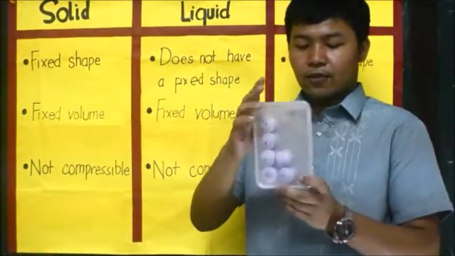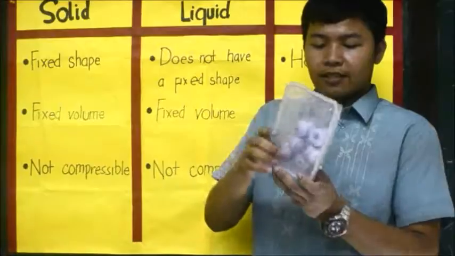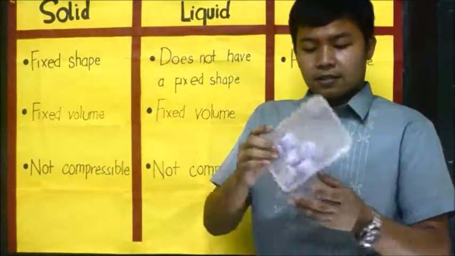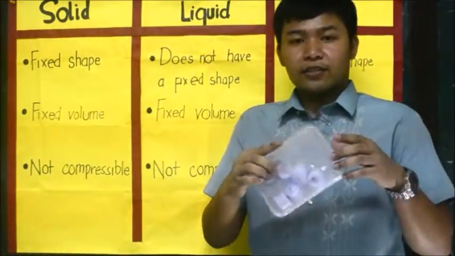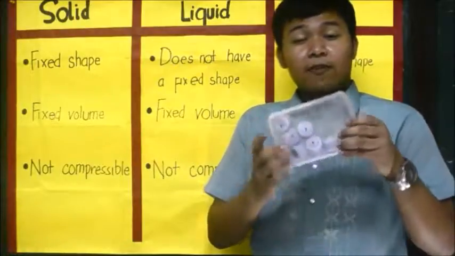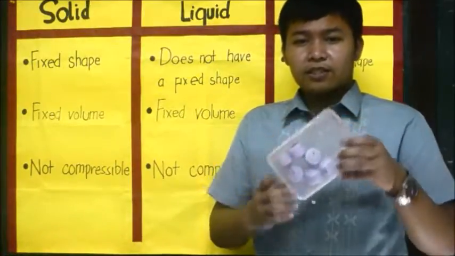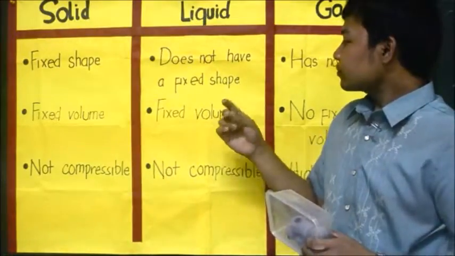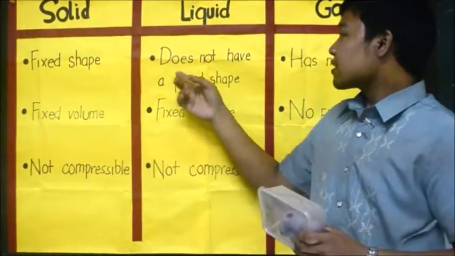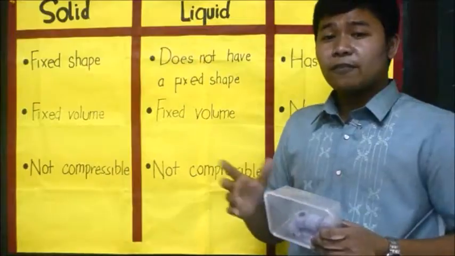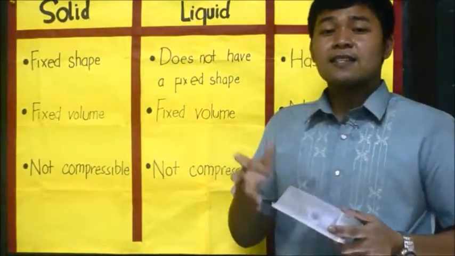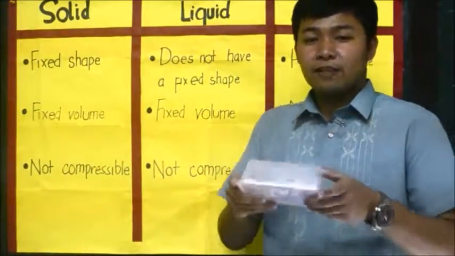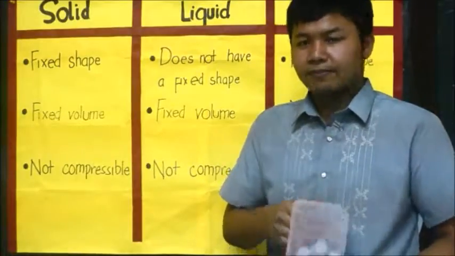So they are close to each other, but as a result, they have a definite volume but not a fixed or definite shape. That is the reason why liquid can flow easily.